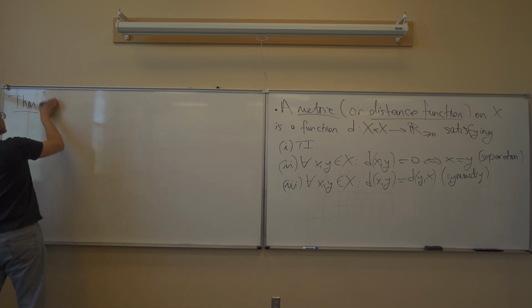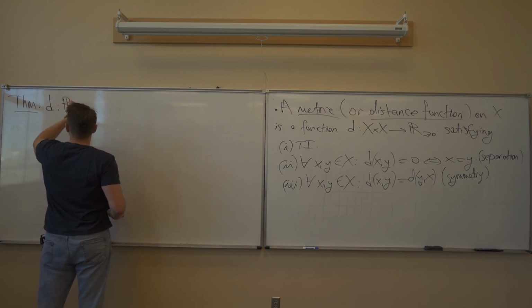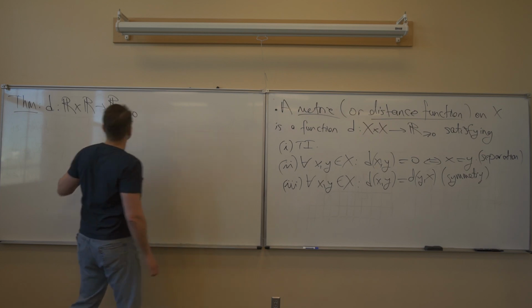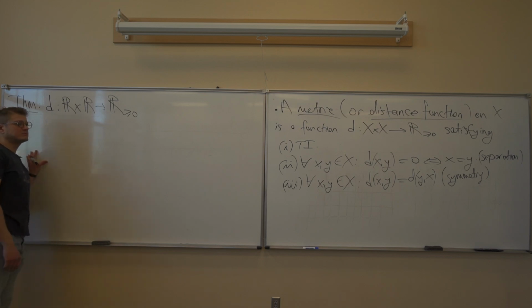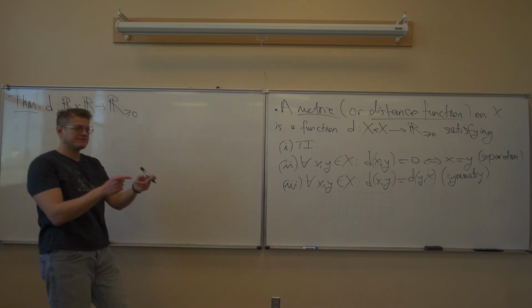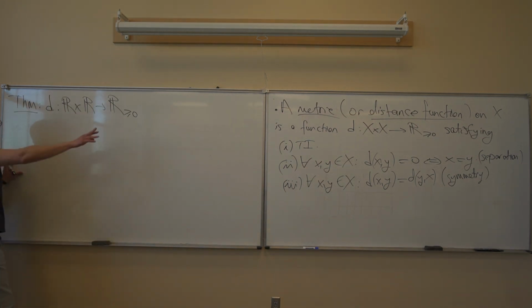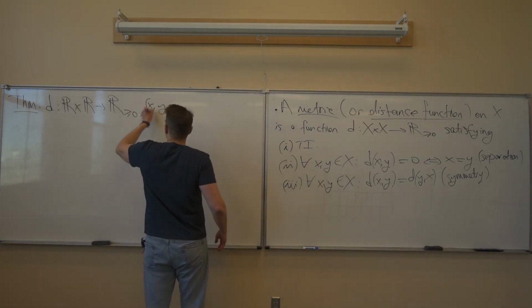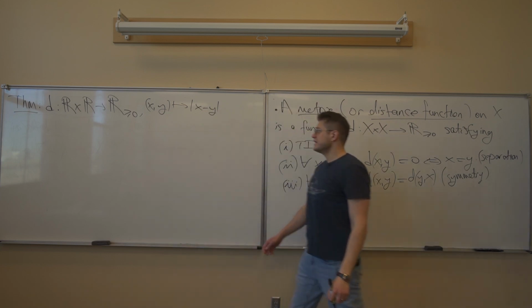Well, the function that takes two real numbers and outputs the distance between them. What should be the distance? Well, I can just take their difference and then take the absolute value. That would be the distance between them. That indeed satisfies these axioms. So x comma y sent to, well, x minus y in absolute value is a metric.